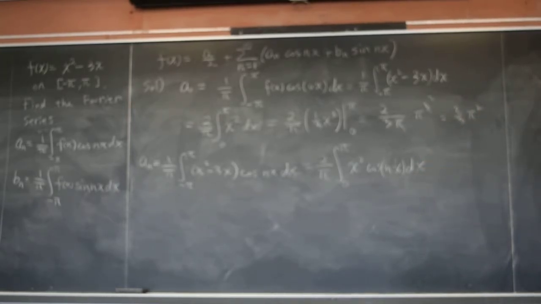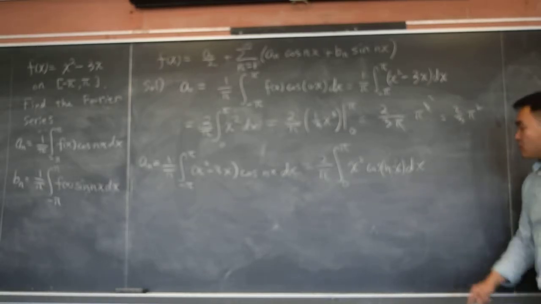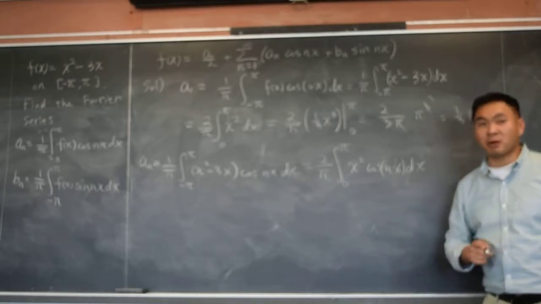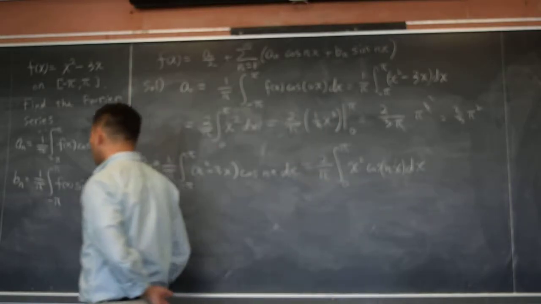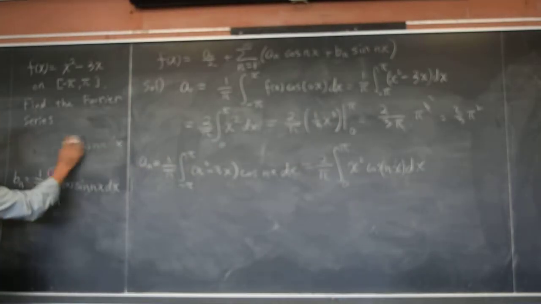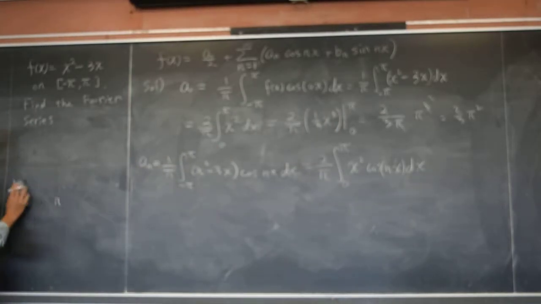And it really simplifies your calculation if you use these odd and even properties. Alright, now we have to integrate this, which requires integration by parts twice. But since I don't like integration by parts, I would rather do tabular integration. It's much faster. Let's do the tabular.